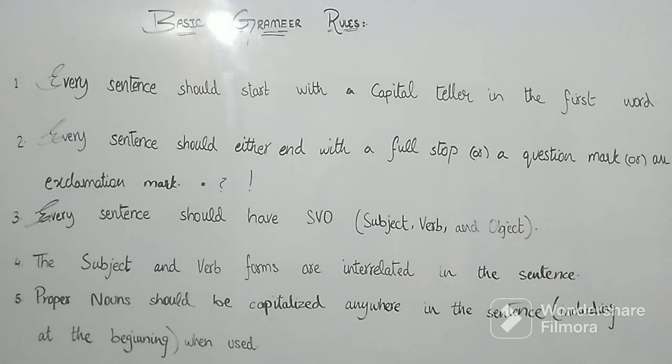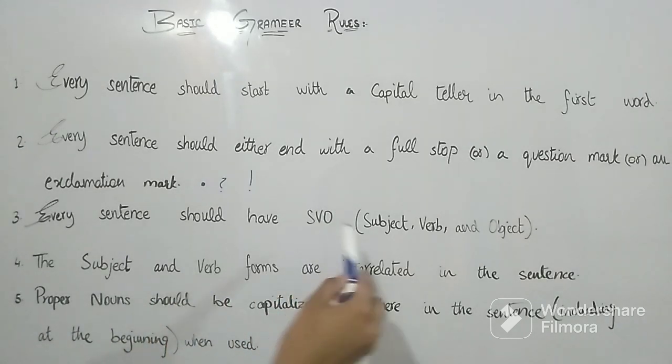And if it's something expressing feelings or expressing something, it can contain an exclamation mark. So each and every sentence in English while writing should either end with a full stop, a question mark, or an exclamation mark.